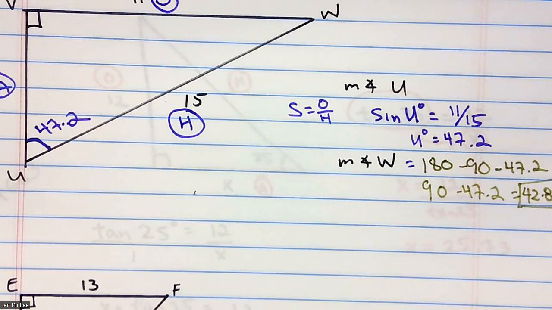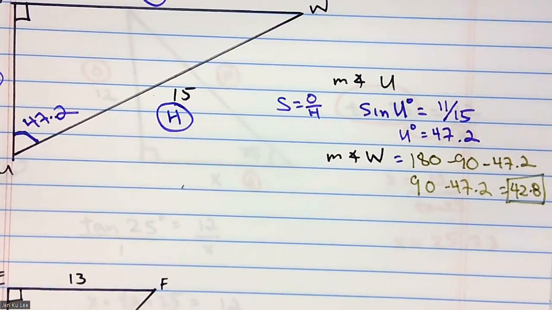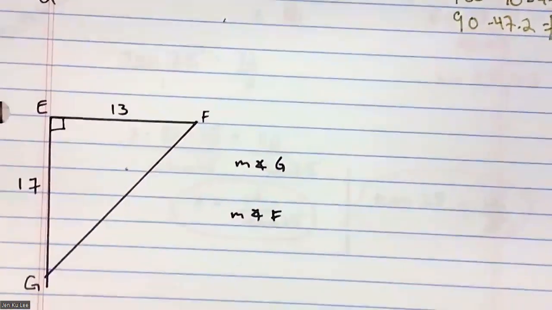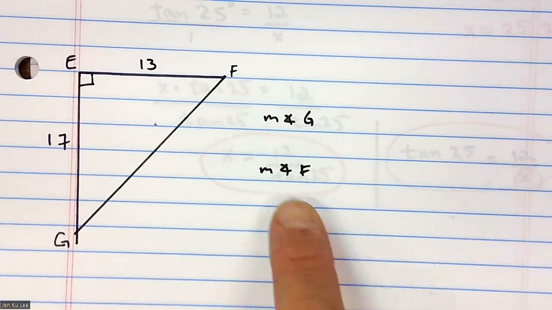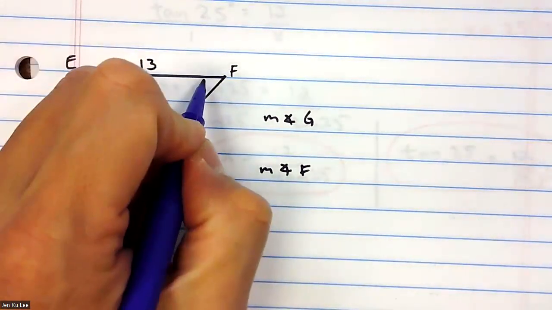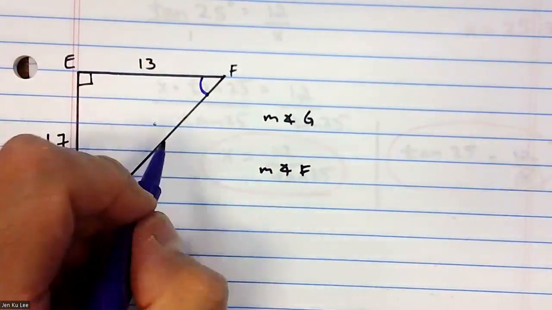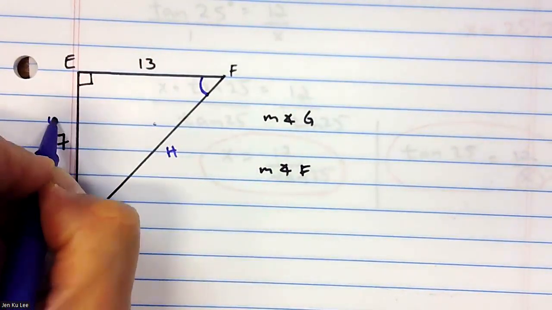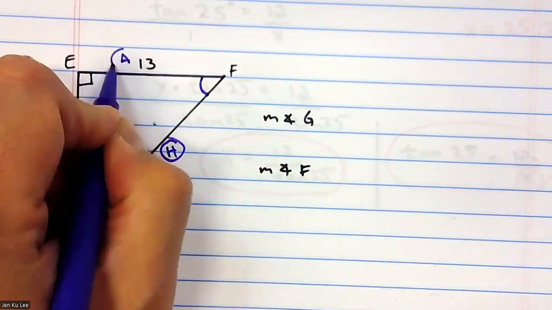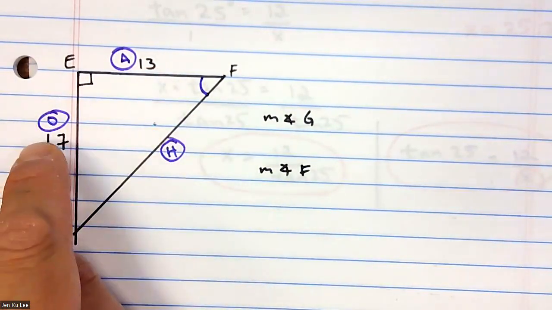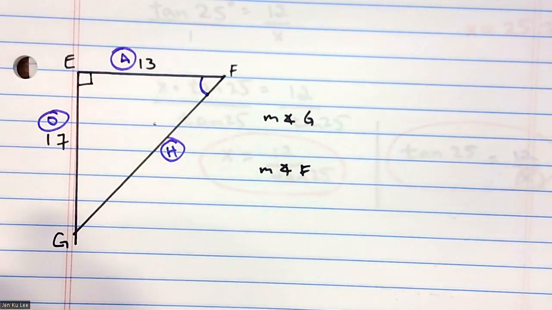So that's my answer, 42.8 degrees. Okay. Last example of the day. I'm going to get the measure of angle F first. So F is here. This is my hypotenuse, this is my opposite, this is my adjacent. What deals with O and A, because I have 17 and 13?